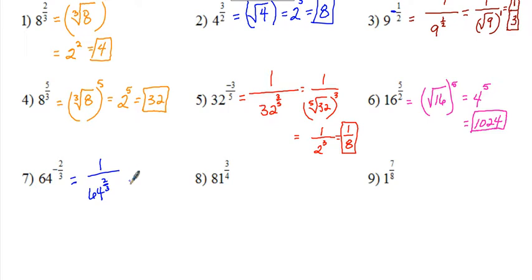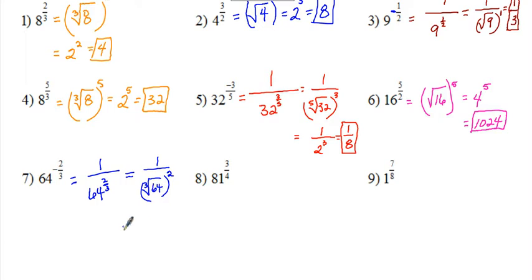Alright, now that you've done that, let's go ahead and make use of our new skill of converting these rational exponents. So this is now 1 over the 3rd root of 64, not the square root, the cube root of 64 raised to the 2 power. Be careful on that. The bottom was the root. What is the cube root of 64?